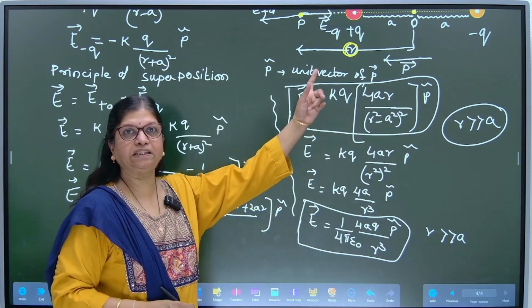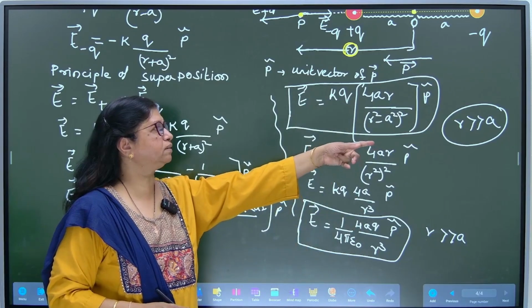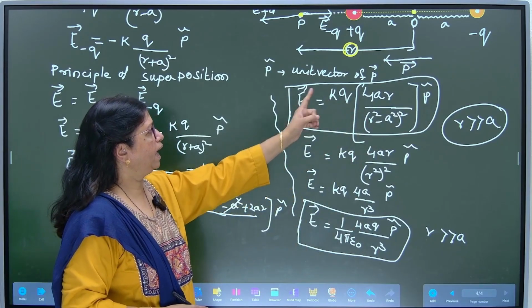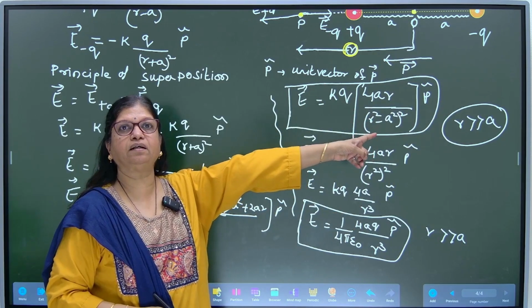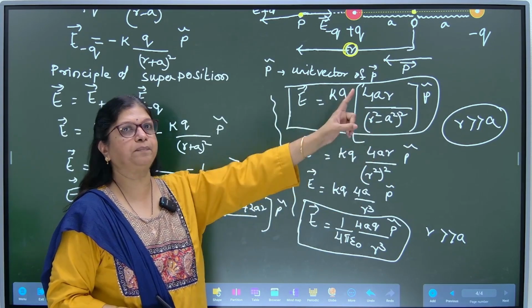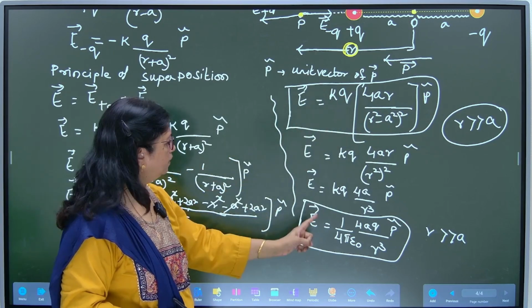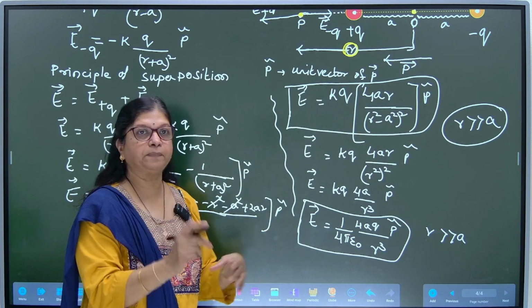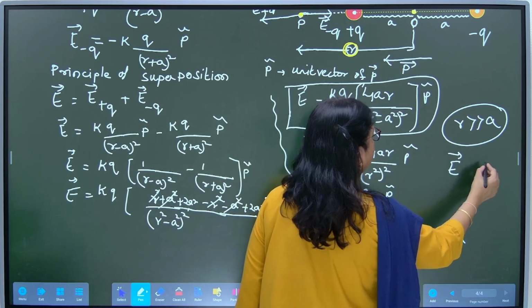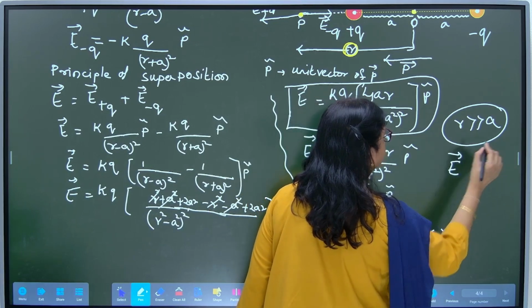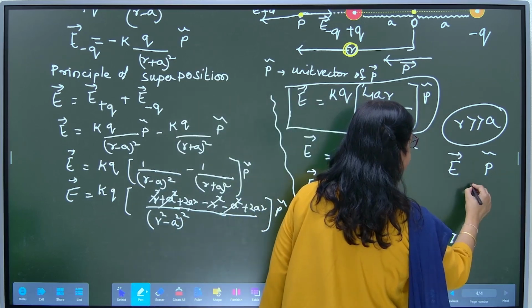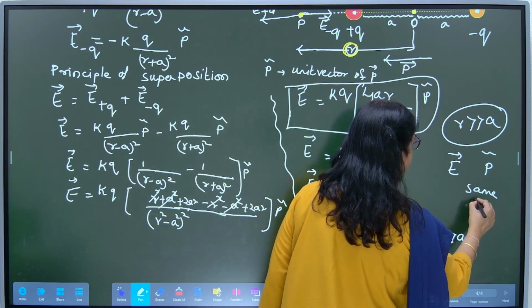So as can be seen in both the formulas, whether or not R is very much greater than A, you can see the electric field and the direction of the P unit vector are the same, because here we have got a positive symbol, here also there is a positive symbol. It means the direction of the electric field and the unit vector P cap for the electric dipole is the same direction.